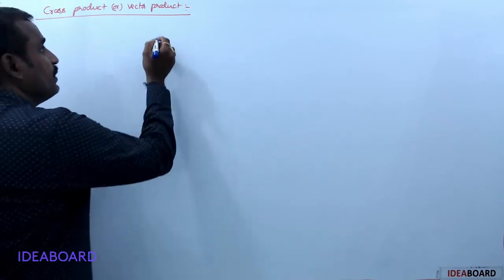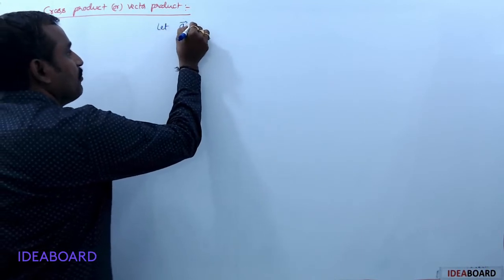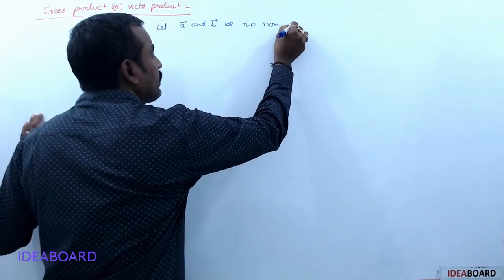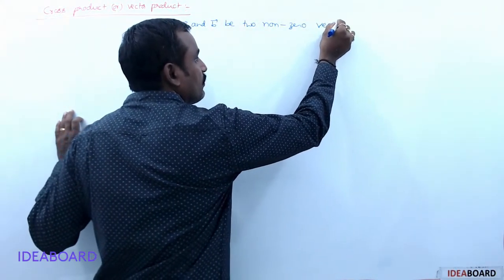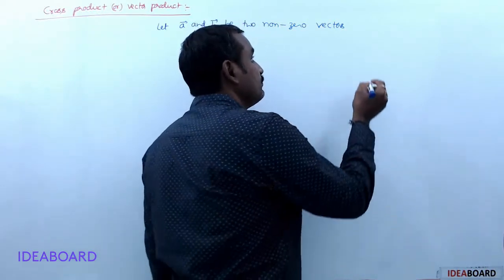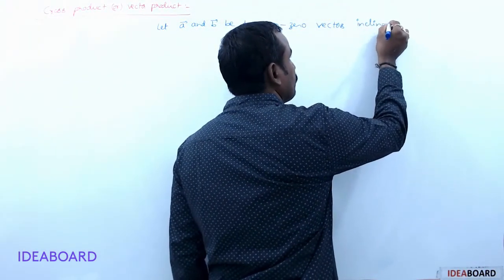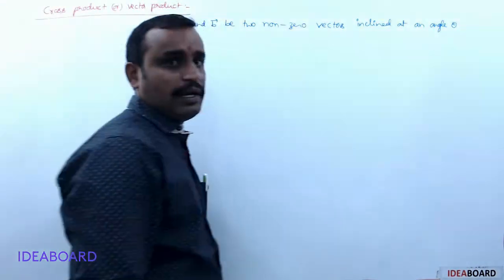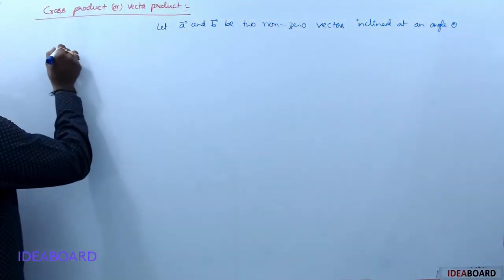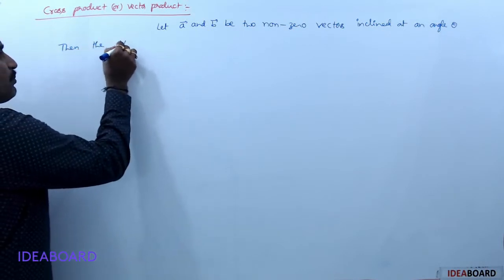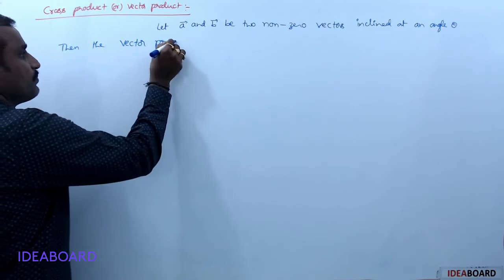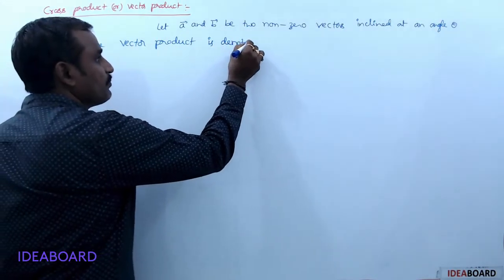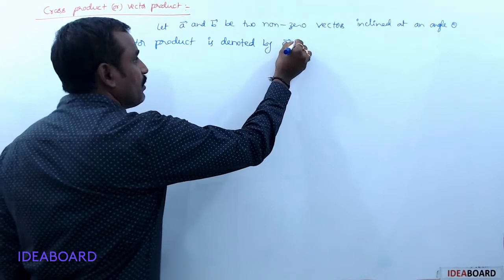So now you can see, let A bar and B bar be two non-zero vectors inclined at an angle theta, then the vector product is denoted by A bar cross B bar.